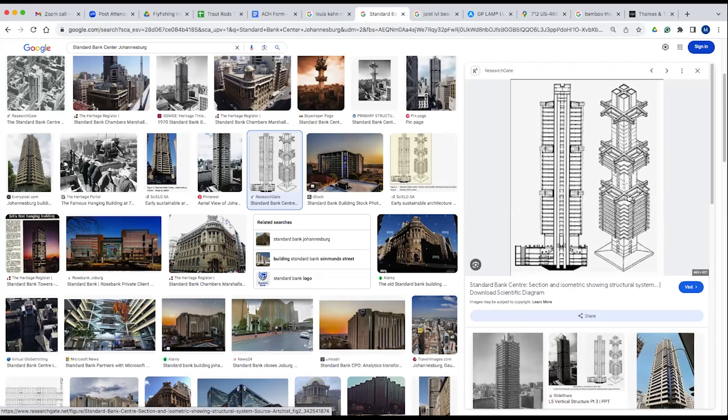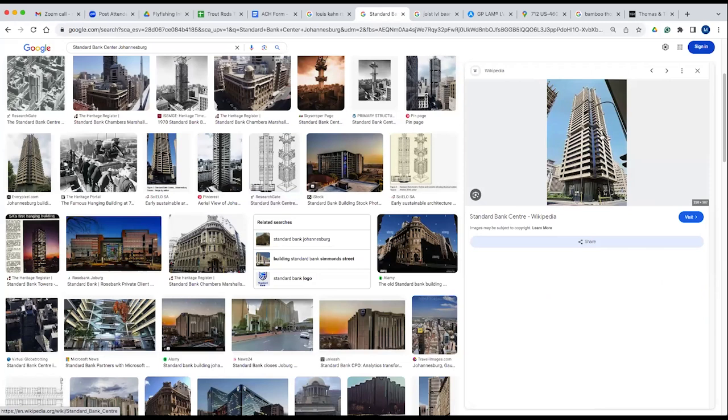Then these large brackets send it to the 4 cores at the center, and the cores bring it down to the ground. Again, a case of tension and cantilever combined to bring the weight of this building down to the ground.